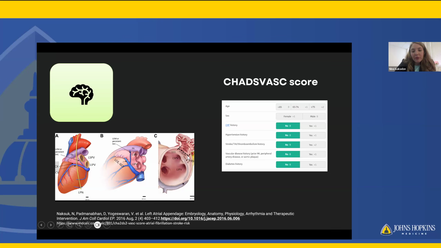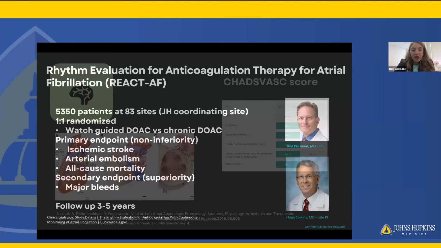It's called the left atrial appendage, and it's like the appendix that we have in the intestines. This is the area where, with atrial fibrillation, there's slow flow and blood clots can form. Your physician or clinician will calculate your specific stroke risk and balance it with your bleeding risk to make a decision about initiating blood thinners for stroke prevention.